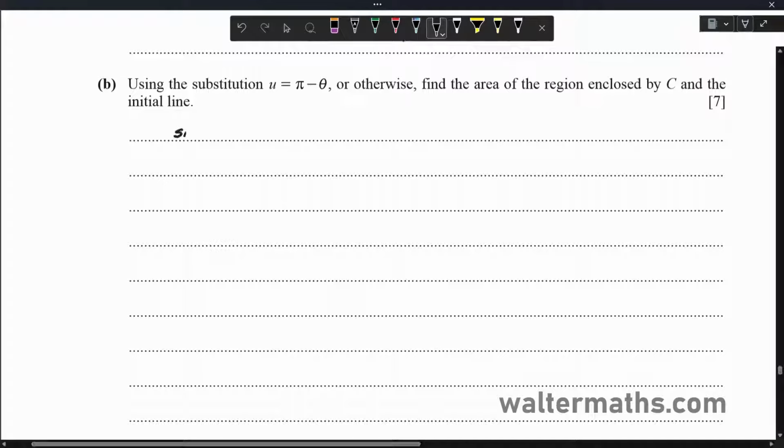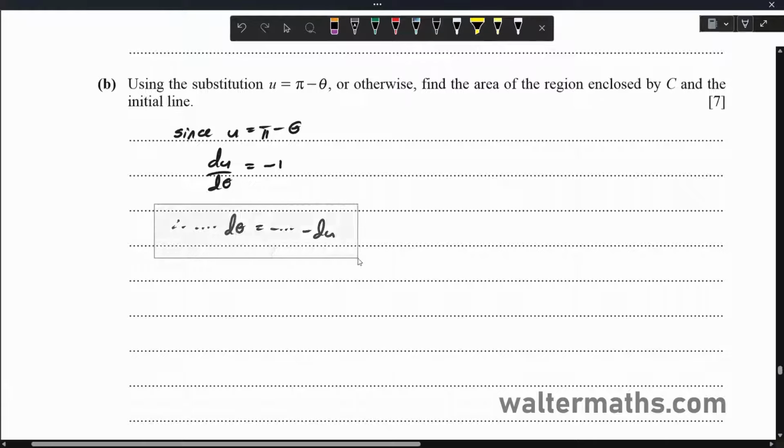Since u is equal to pi minus theta, we know that du by d theta then will be minus 1, and therefore we can substitute d theta with minus du, if we make d theta the subject. So this is what we have right here.